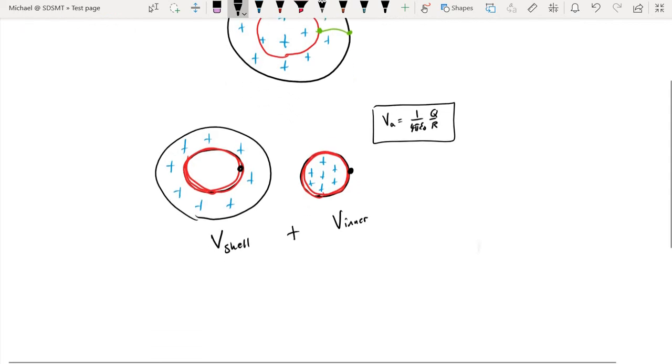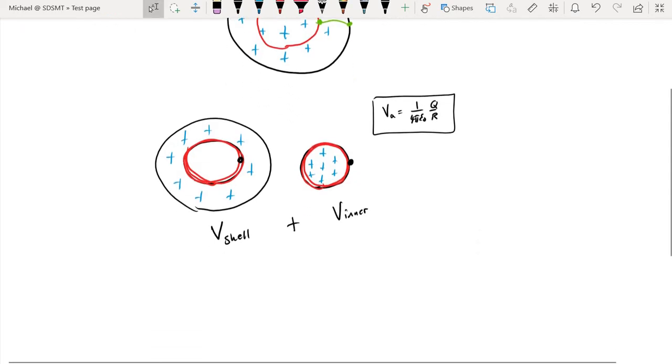Now that does require a little bit of additional work, but this is nothing that we haven't seen before. We know how to deal with an insulating shell. We know how to deal with an insulating solid. This is going to act like a point charge of radius A. The only thing that we would have to figure out is how much enclosed charge is there.